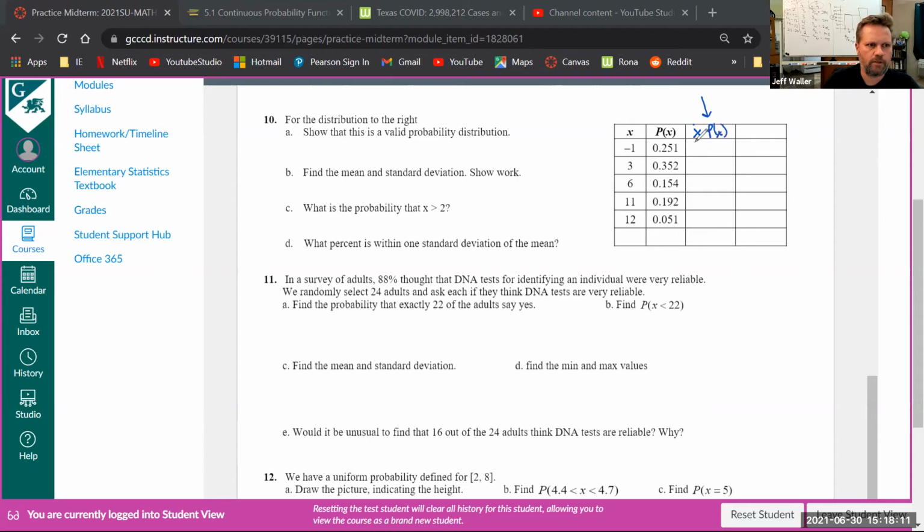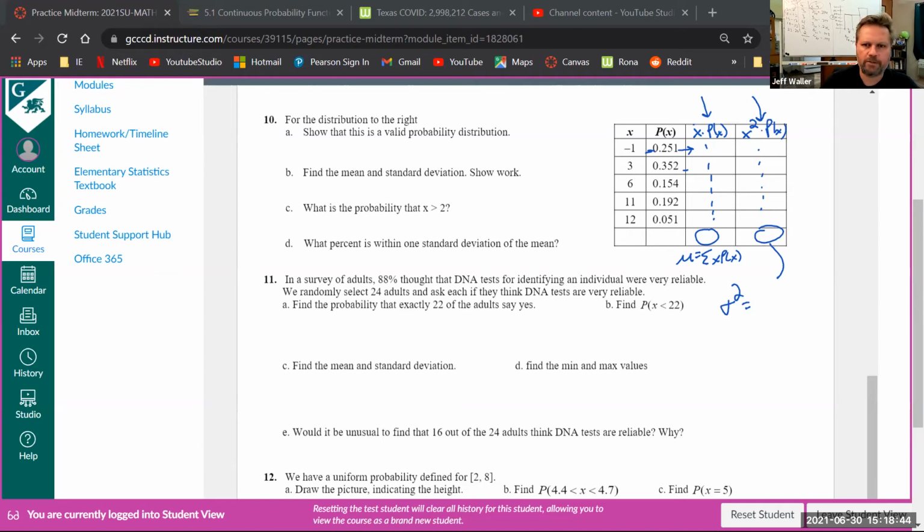And once you multiply all these and add them up, you get the mean. So the mean is the sum of x p of x. What's this column going to be? X squared times p of x. Good, and you multiply and add them all up. That's what you would call the variance, and then you would do the square root from there.